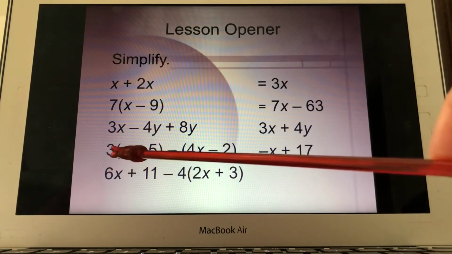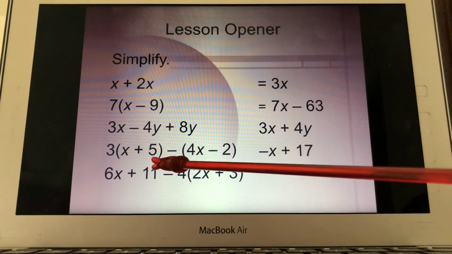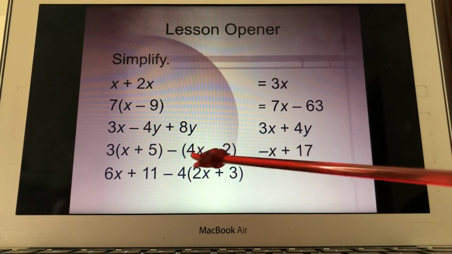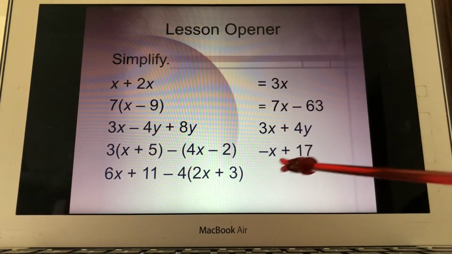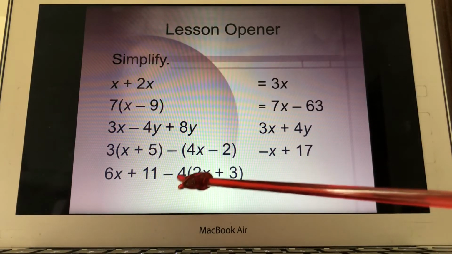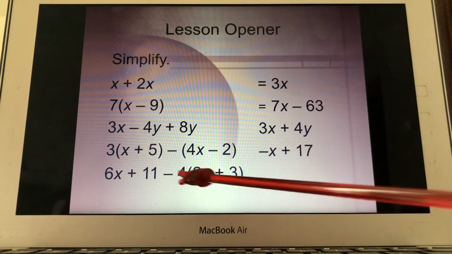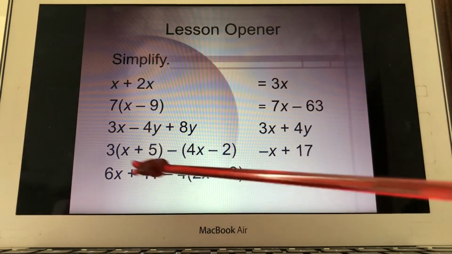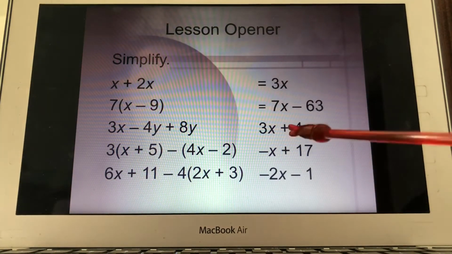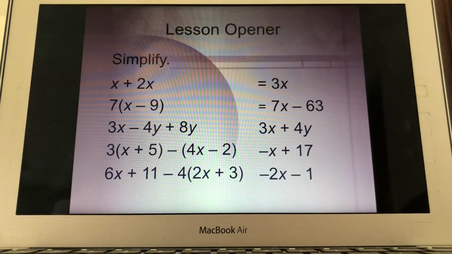Here we have to distribute the 3 through the parentheses, and then after you do that, and then you combine your like terms, we end up with -x plus 17. Same thing here, we distribute the 4 through the parentheses, and then combine your like terms, and we end up with -2x minus 1.